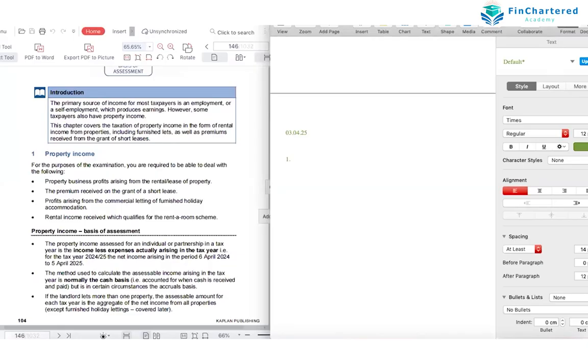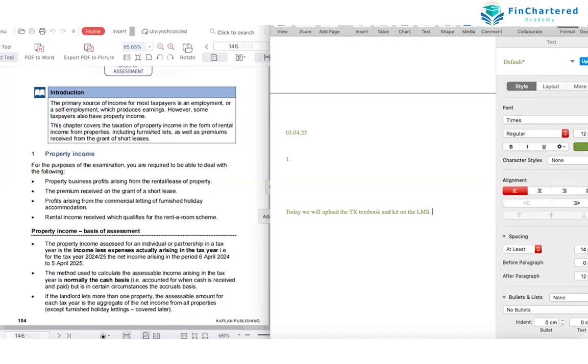Apart from that, there is some announcement on the textbook, right? Today, we will upload the tax textbook and kit on the LMS.